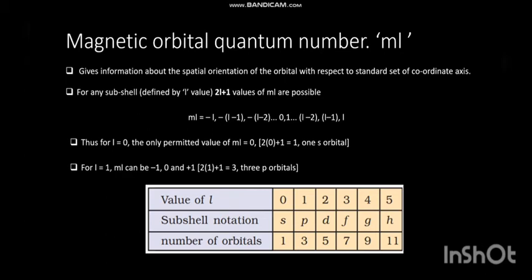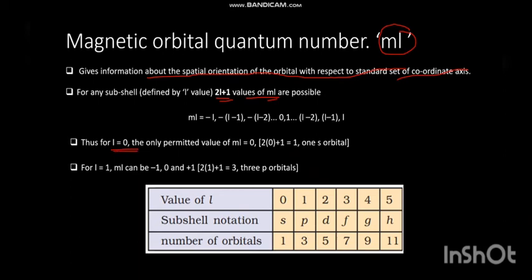The next quantum number is the magnetic orbital quantum number denoted by m subscript l. It gives the information about the spatial orientation of the orbital with respect to the standard set of coordinate axes. For any subshell, 2l plus 1 defines the possible values of m subscript l.